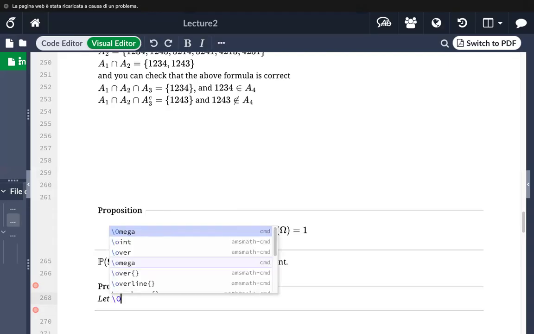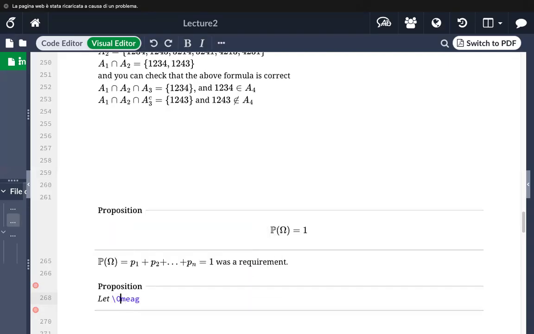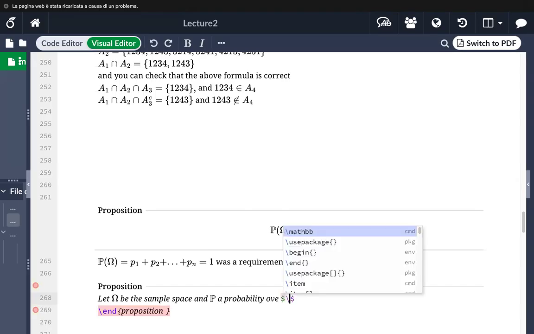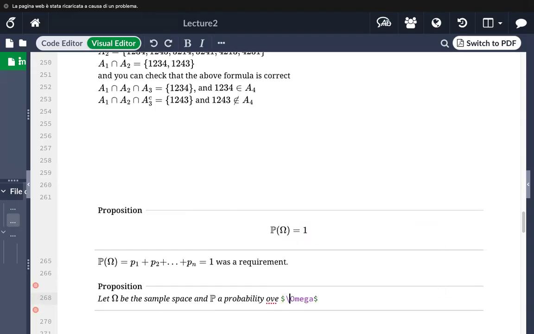Let omega be the sample space, and let P be a probability over omega. Whatever, it doesn't need to be uniform.